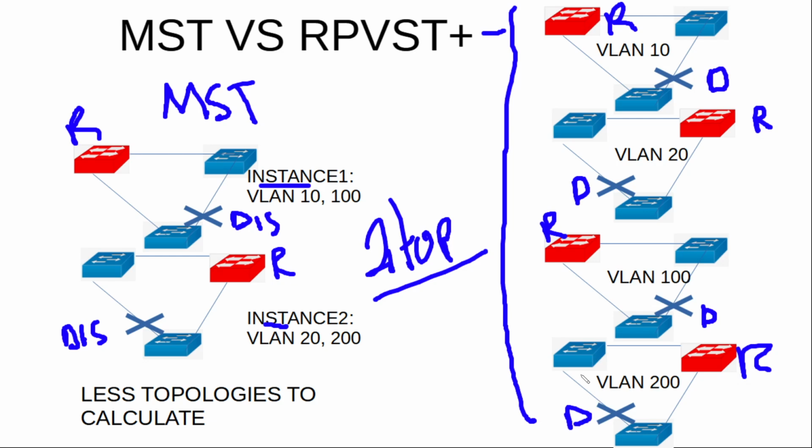Notice that we are repeating our topologies. This is not very efficient because in this case we have 4 topologies. And these topologies can be mapped to only 2 topologies if we were using multiple spanning tree. So in that case, multiple spanning tree is more efficient.